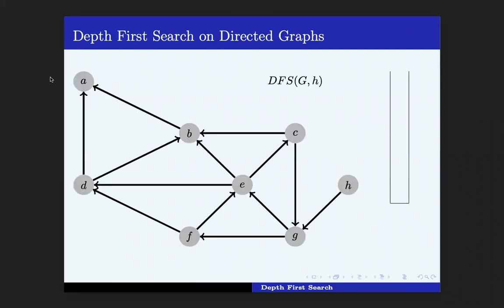By the way, this whole thing that we did for DFS, we can also do for directed graphs. I can run this algorithm quickly over here on this directed graph, starting from the vertex H, and you do the same thing, just that you go to its neighbor. Note that in the previous one I never used the undirectedness.